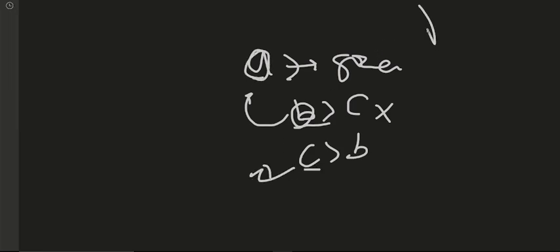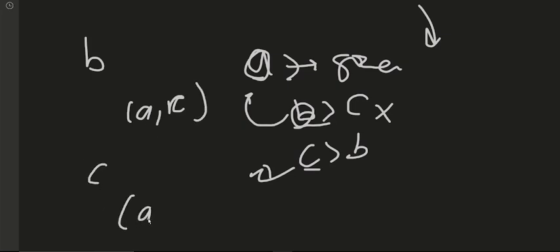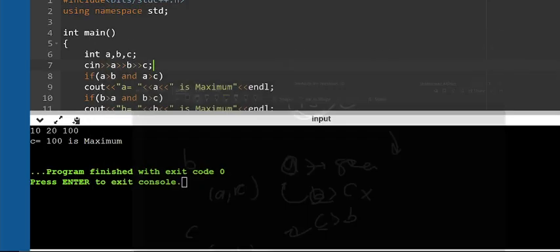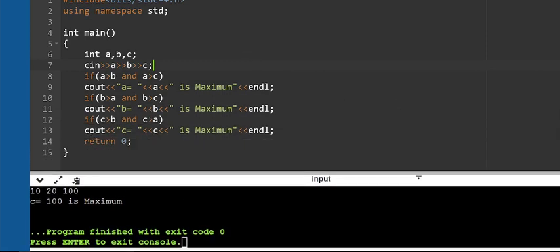Similarly, you can write for the other two conditions: when B is greatest, the second greatest will be among A and C. When C is greatest, the second greatest will be between A and B. All right, so just write the code.